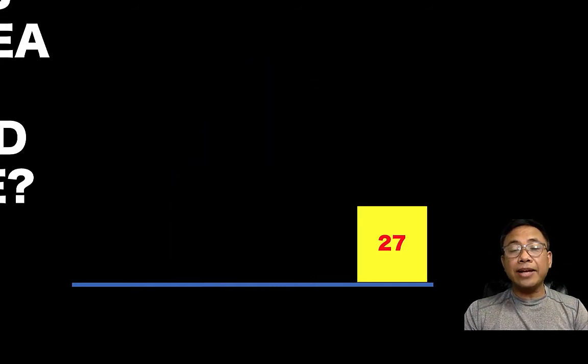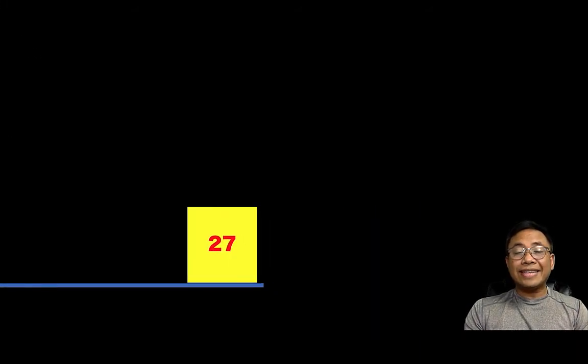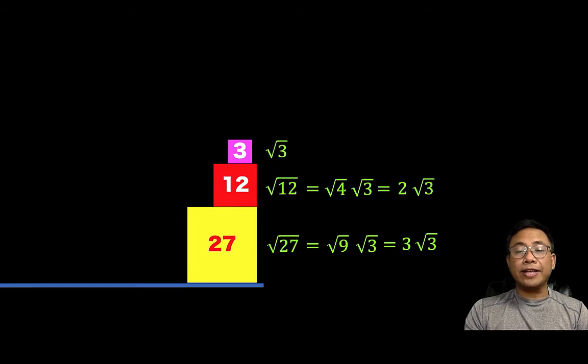If the area of the yellow square is 27 square units, then its side length is equal to the square root of 27, which can be simplified as 3 square root of 3. For the red square, the length is square root of 12 simplified to 2 square root of 3. And for the pink square, the side length is square root of 3.